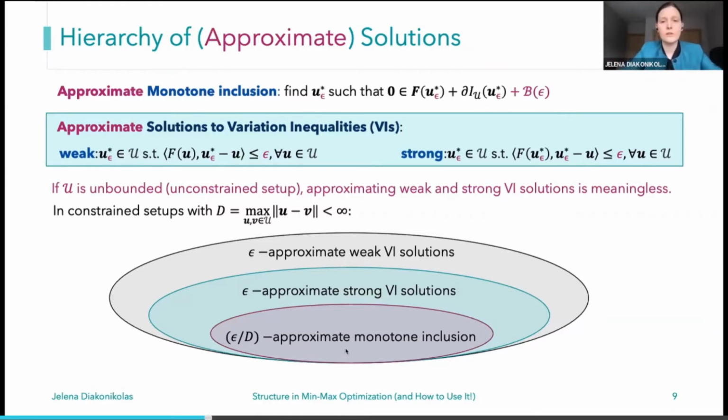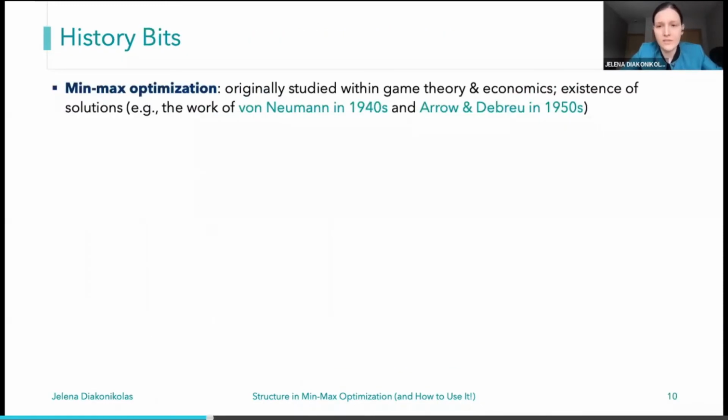Now, before I start telling you more about technical parts here, let me just mention some history bits. So minimax optimization, as far as I know, and I hope I'm not wrong here, was originally studied within game theory and economics. And the first questions asked there were about the existence of solutions.